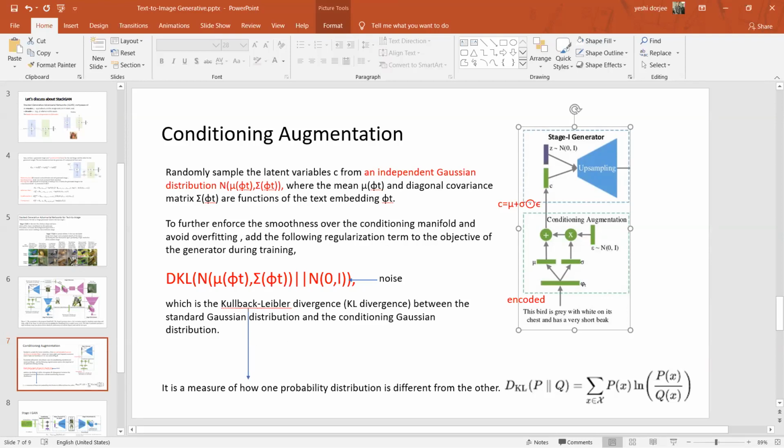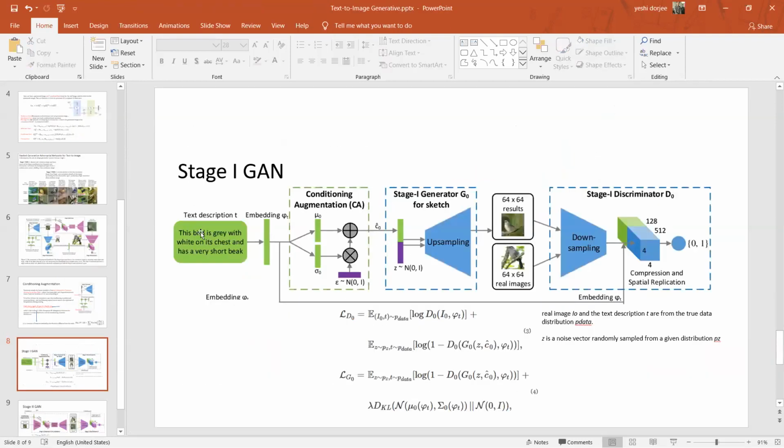After that, when stage 1 gets the C from the condition augmentation, it is concatenated with the noise and upsampled, and generates the 64 by 64 image.